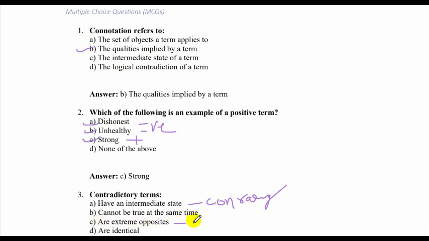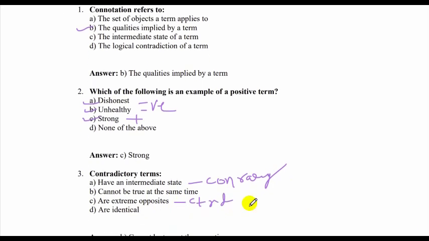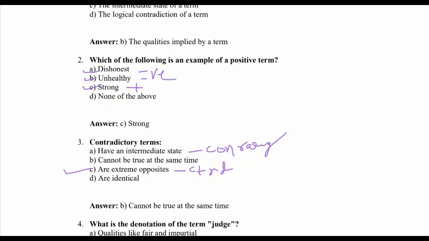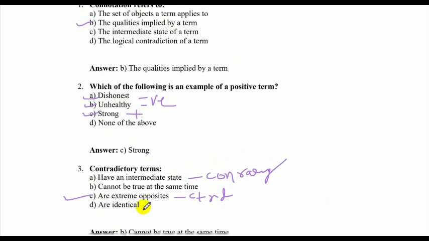Yes. Oh, right. Sorry. My bad. Cannot be true at the same time. They are extreme opposites. Contradictory terms cannot be true at the same time. Yes, this could also be an answer.